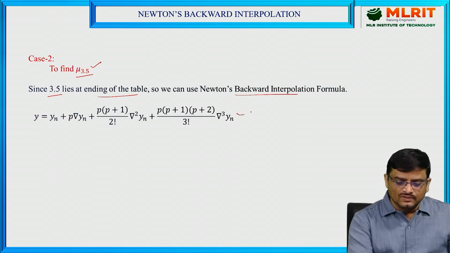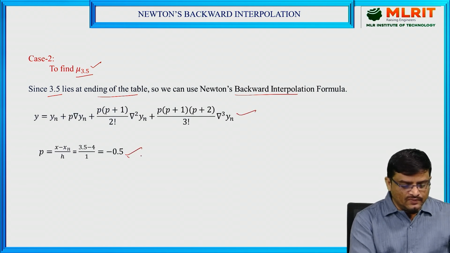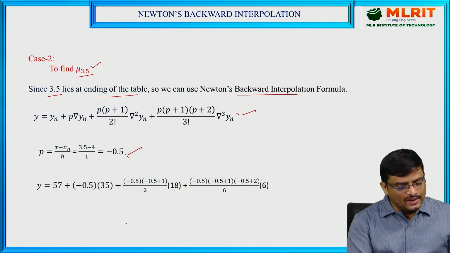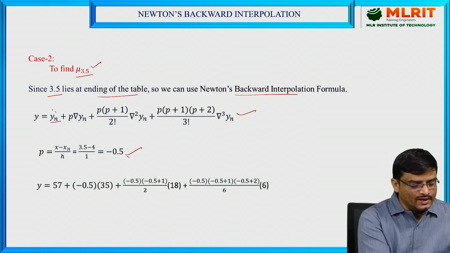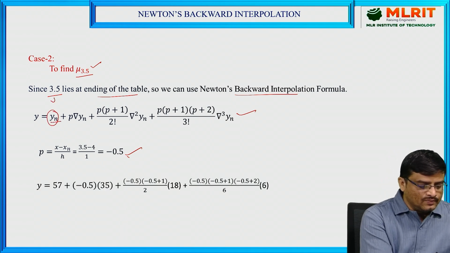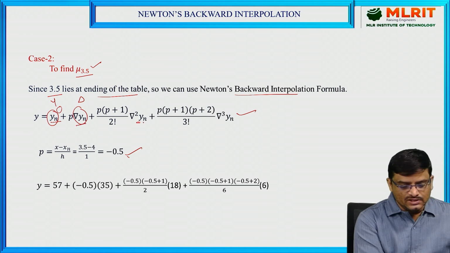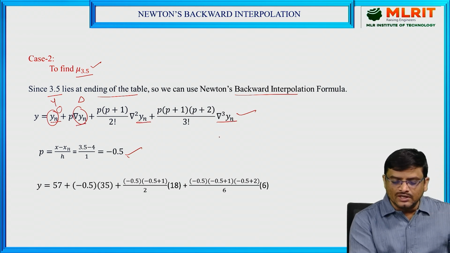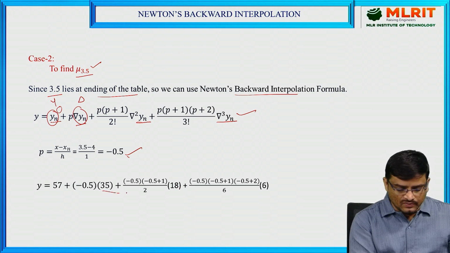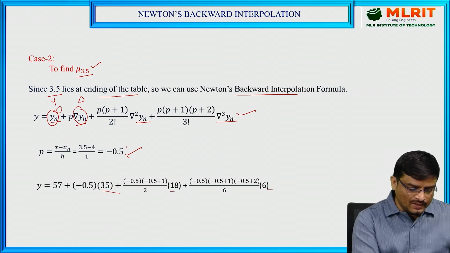Use the formula, find out the value of p, and substitute that p value and these values: y n is nothing but the y column's last value, del y n is the last value in the next column. Like this, in each and every column, you consider the ending value in that particular column and substitute those values here along with the p value.